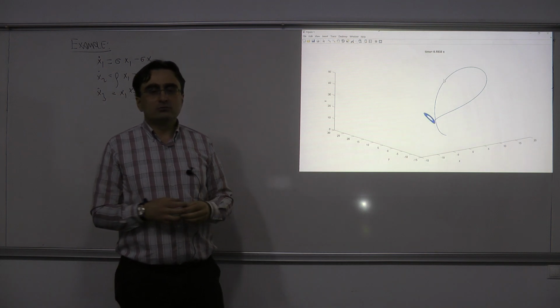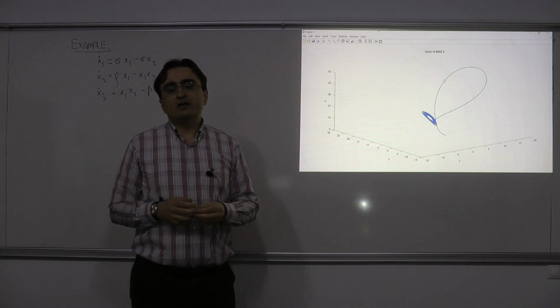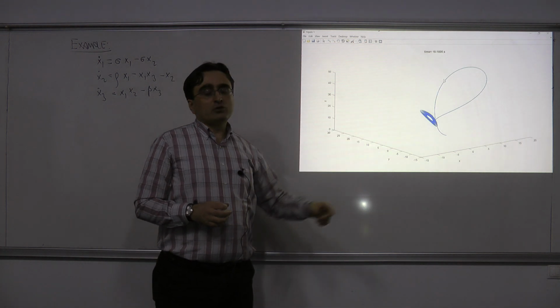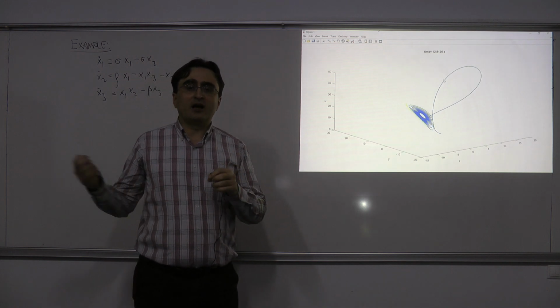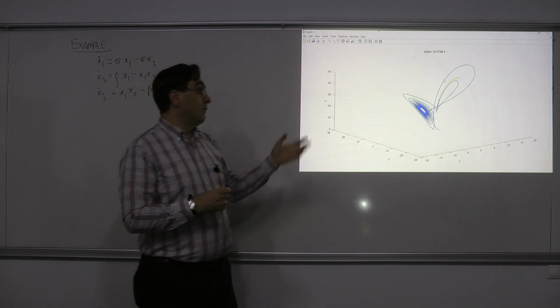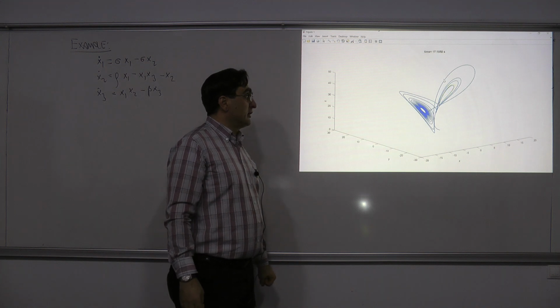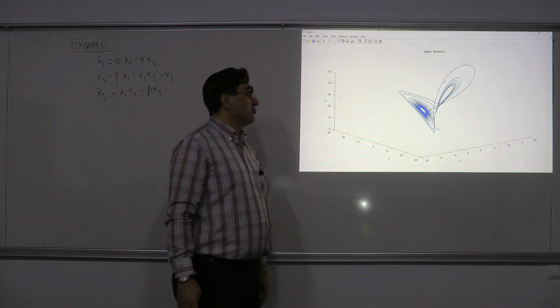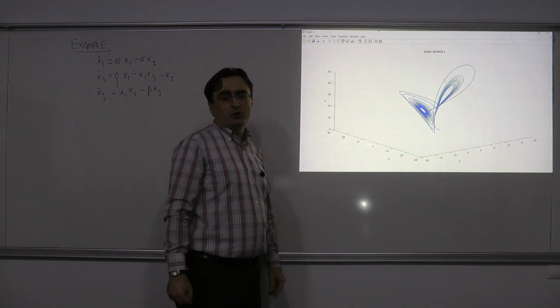I don't know about the proof, but it is well known that a trajectory of a Lorenz attractor never passes a point that it has passed in the past. Okay, so therefore these trajectories are never periodic, and it is actually very, very difficult to predict the behavior of such trajectories.